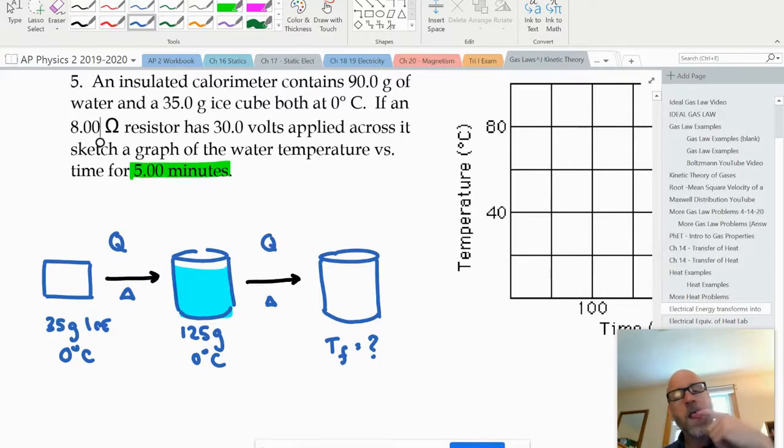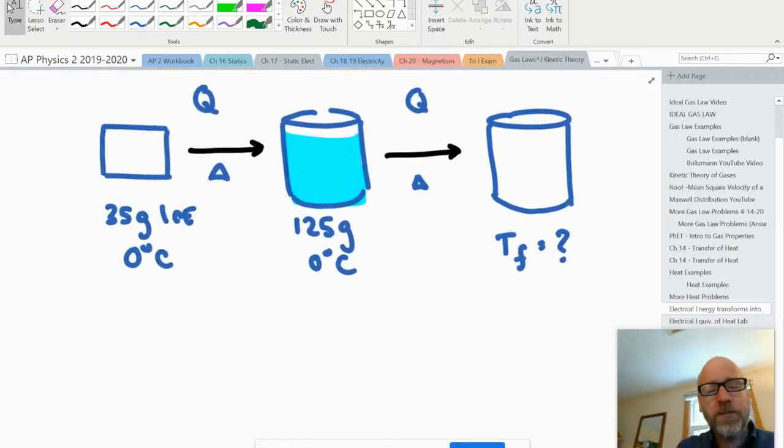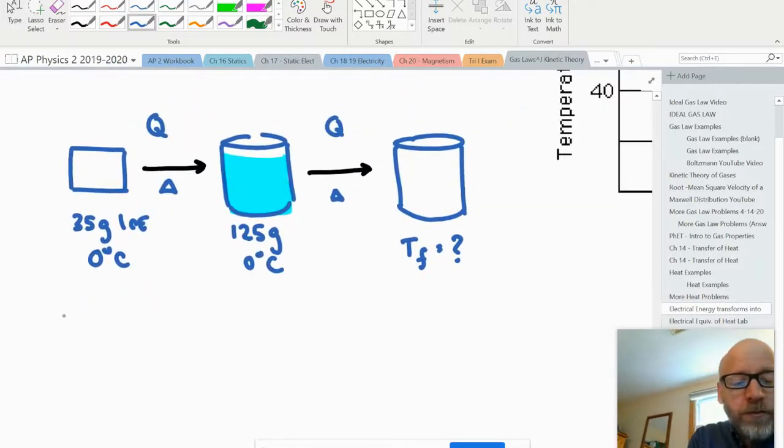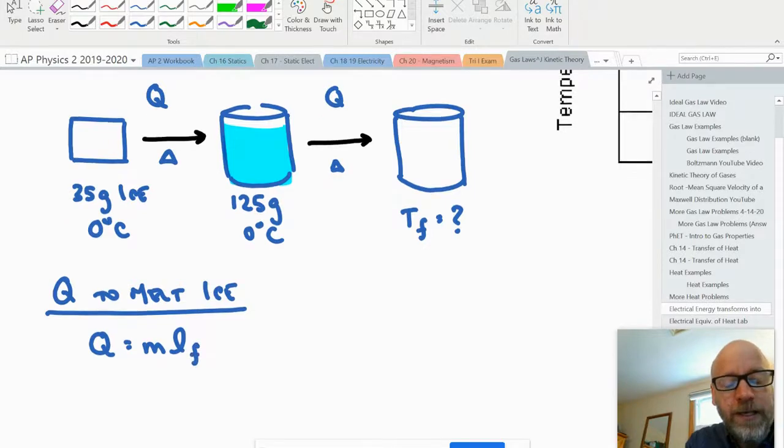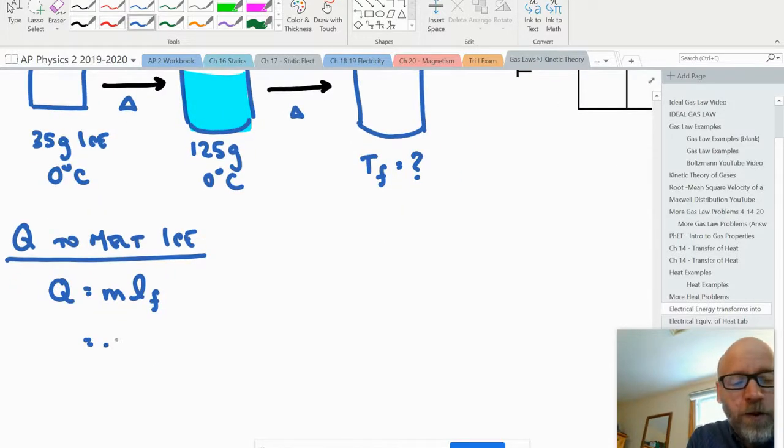So, what's the graph going to look like? Well, it's going to take a certain amount of heat to melt the ice. Let's figure out how much heat that is to begin with. So when it undergoes a phase change, we're going to have Q equals mass of the ice times the latent heat of fusion. Now, 35 grams is only 0.035 kilograms.